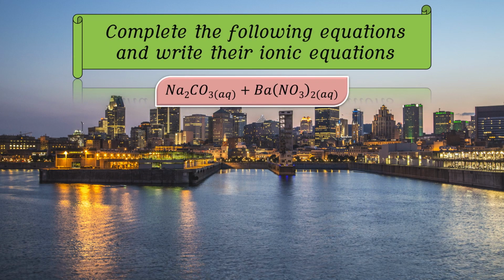Let us start with sodium carbonate reacting with barium nitrate. What we want to do is first to complete the equation, and then after completing the equation, we shall write the ionic equation.